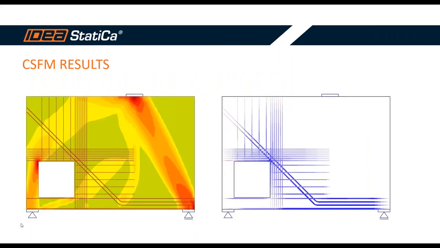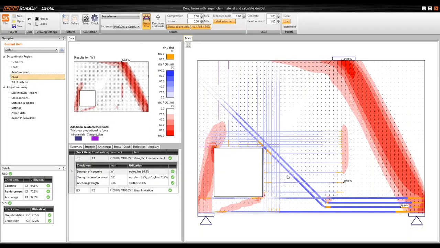So that would be all about the theory behind. And now we get to CSFM results. For this, I will switch to the software. So the analysis was performed. We have the results.